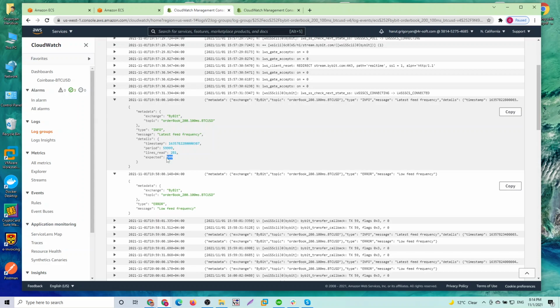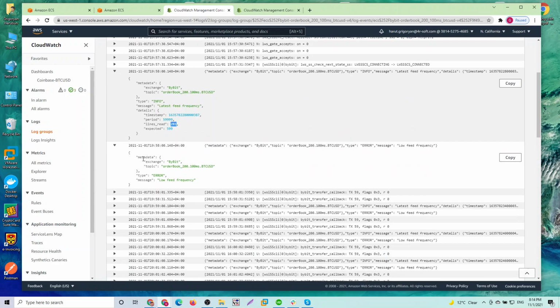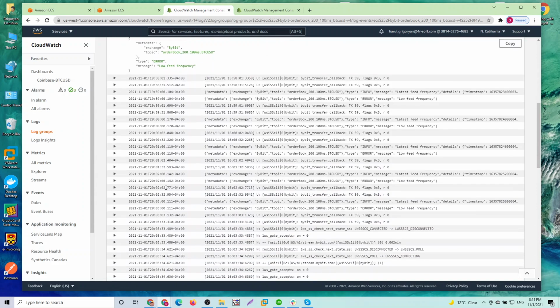We would expect like 600 lines, but only 281 have been received. And whenever we receive a lower number of lines than we would expect, this produces this error message as well.